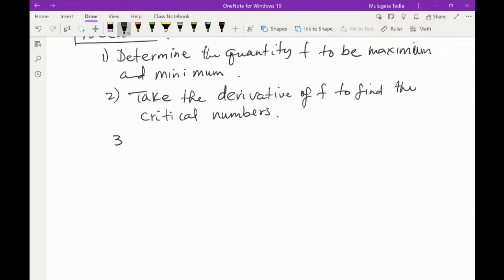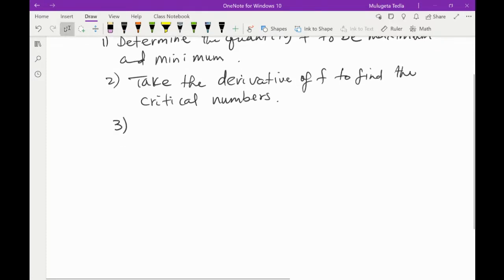The third one is, of course, set the derivative equal to 0, df by dx equal to 0.